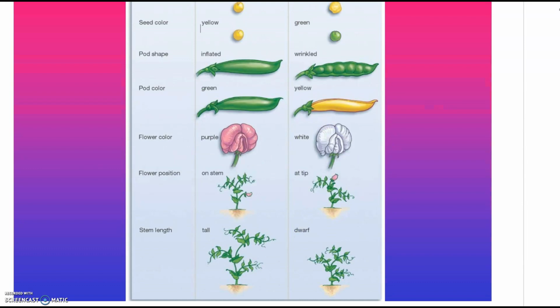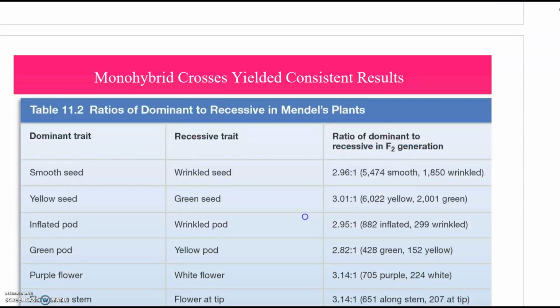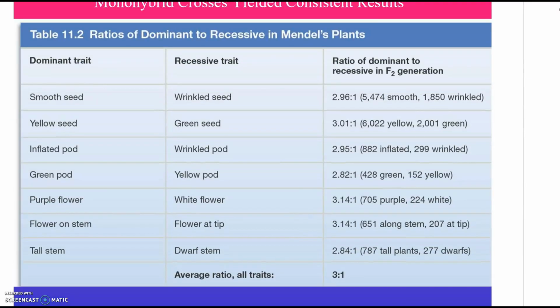Now, he then took that F1 generation and he self-crossed them, and he looked at the F2 generation. So in that F2 generation of the cross for all of these different traits, so he did this, ultimately thousands and thousands of times, spent a lot of time looking at pea plants, he came up with this ratio of something that was close to 3-to-1 all the time.